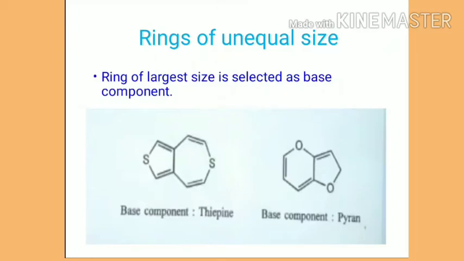Here azepine is the base component because it is the larger ring, and thiophene is the attached component. And in this compound, pyran, which is a 6-membered ring, is the base component, and furan is the attached component.